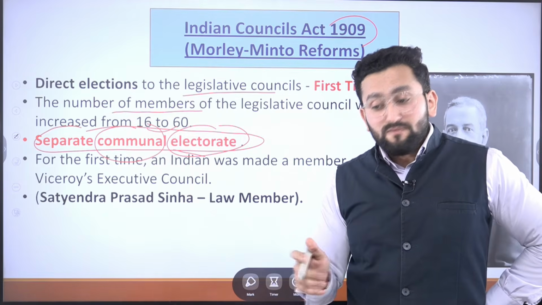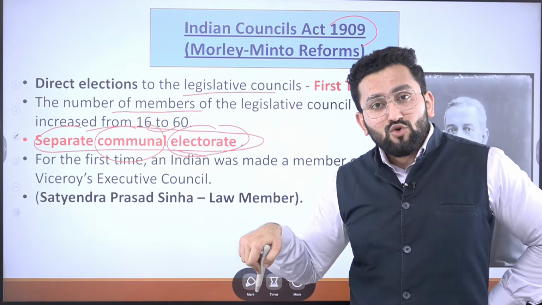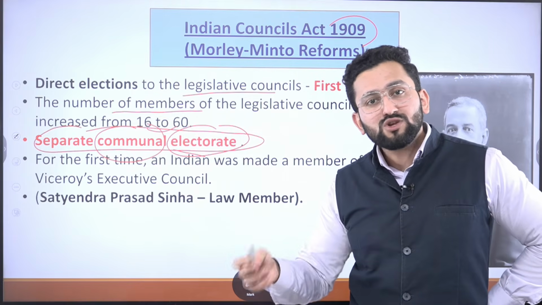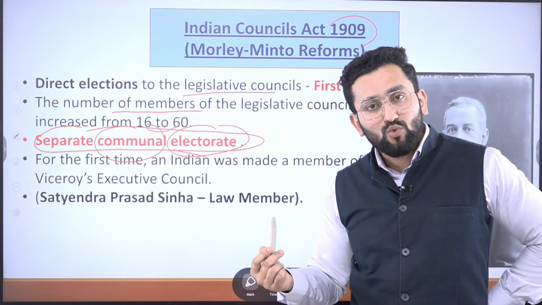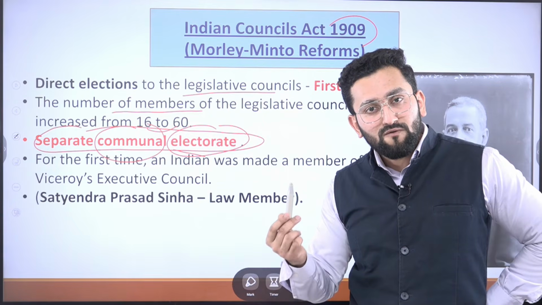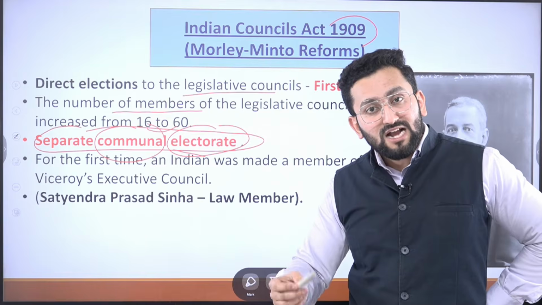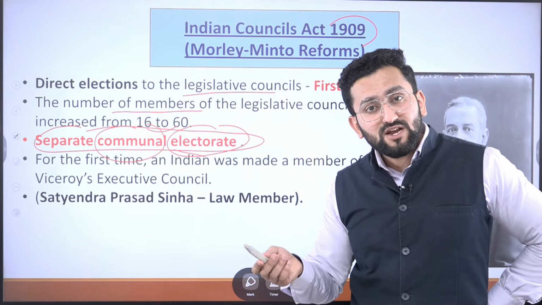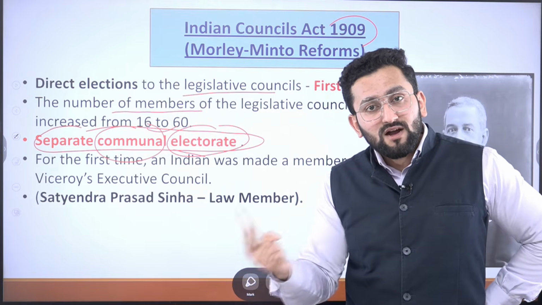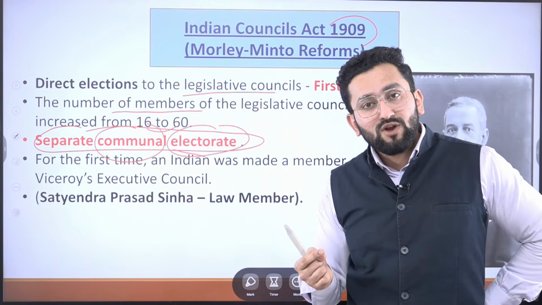So at that point of time, in a particular neighborhood, if only Muslims are allowed to vote and Hindus and other religions can't vote, don't you think this process of electorate will have huge negative implications? Number one, division of the people, right? People would say that we don't have voting power.